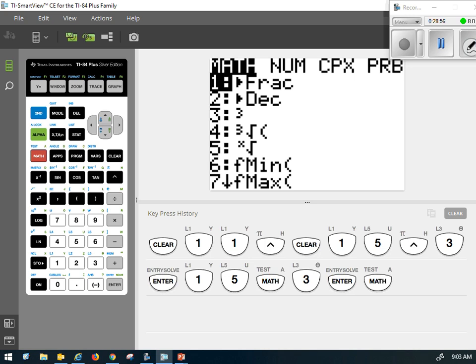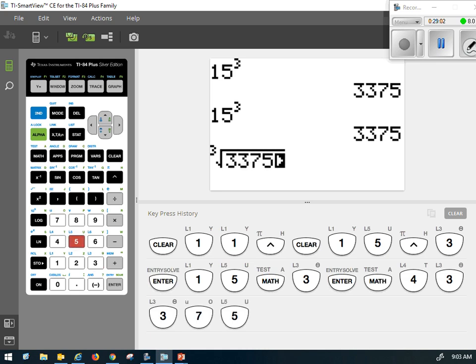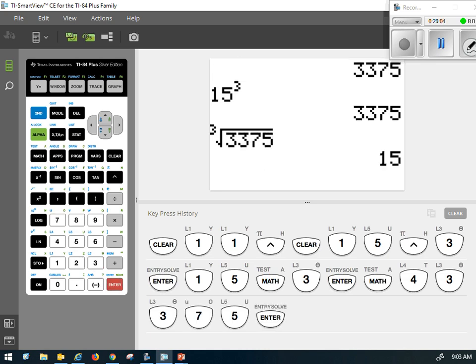So you can type in number 4 first and then type in 3375 and hit enter. And it takes you backwards and gives you 15. And that's why I'm making you memorize this special formula, because it's super easy then when they ask you to go backwards. You just take the cubed root. Okay? Questions there?